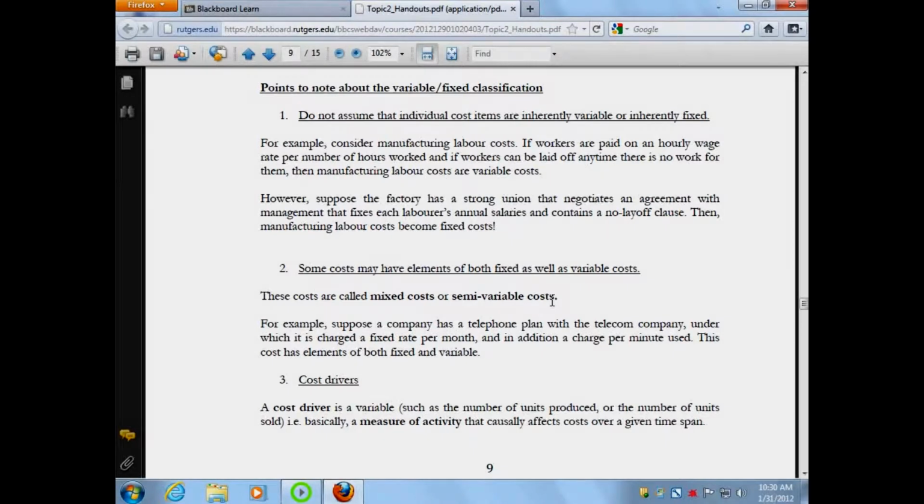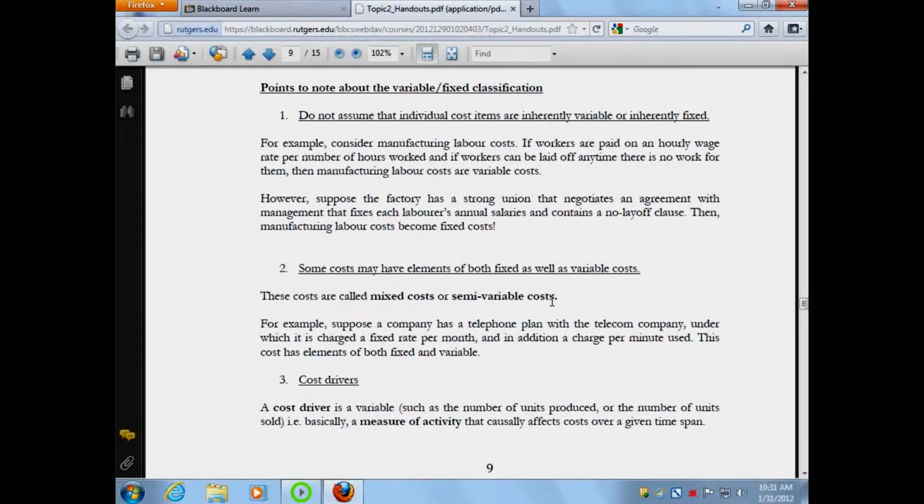So here's something very important that this graph illustrates. Just do not believe that a particular cost that we describe as fixed is universally fixed over its entire range. Do not also believe that any cost that we describe as variable is universally variable over its entire range.